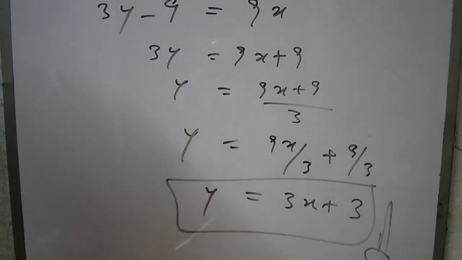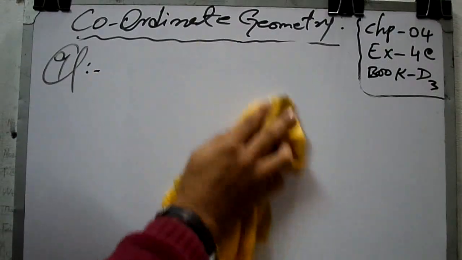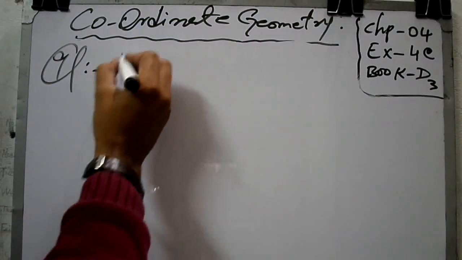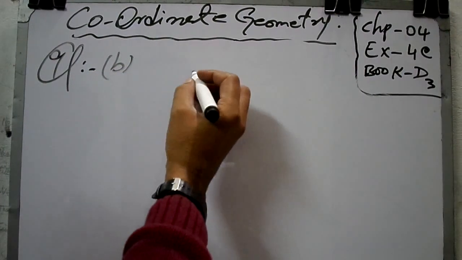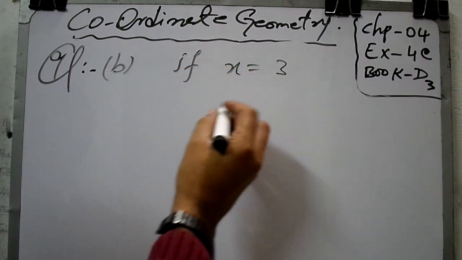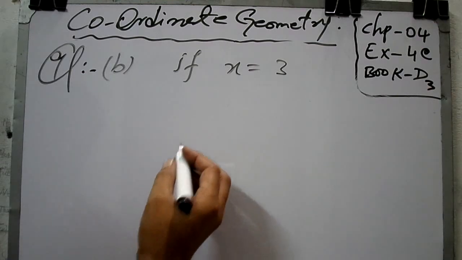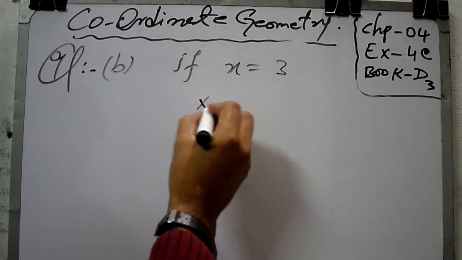Now the B part. If x is equal to 3, find the coordinates of C. In the question it is given that if x is equal to 3, then find C(x, y). We have to find what?